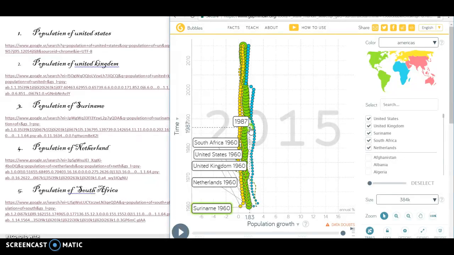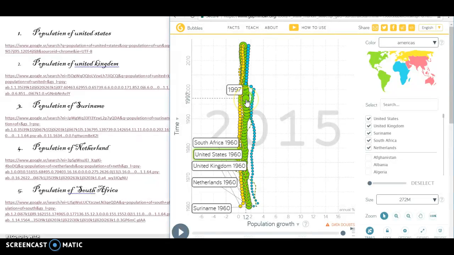Suriname doesn't have that many people. The green one here is the United States. The blue one is South Africa. The yellow one is the United Kingdom. The small line here with the yellow balls is the Netherlands, and the smallest is Suriname.